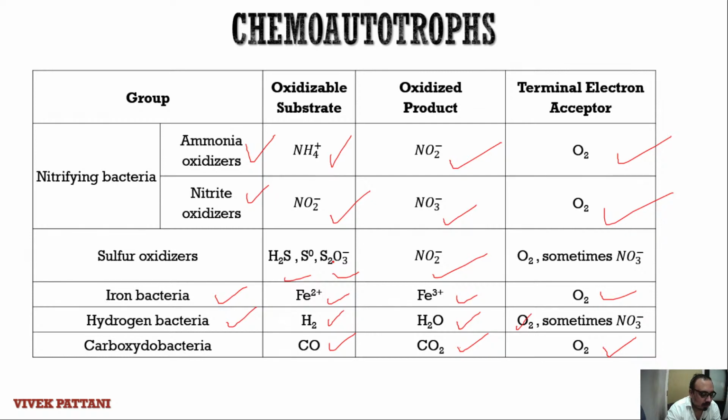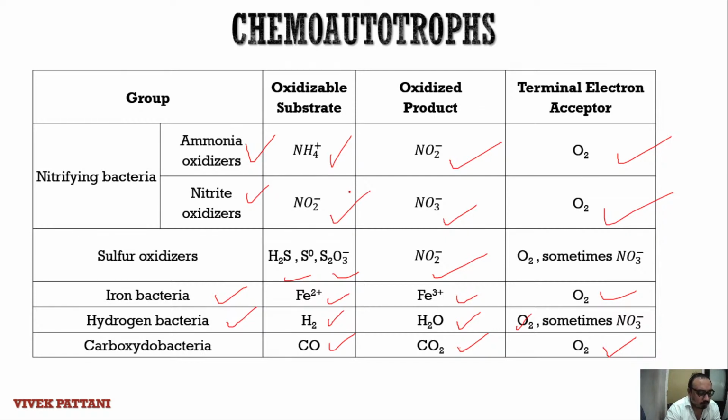For example, ammonia is converted into nitrate, and one example is Nitrosomonas europaea. So there is a variety of bacteria involved in this. When we move forward, I will give you some more examples also.